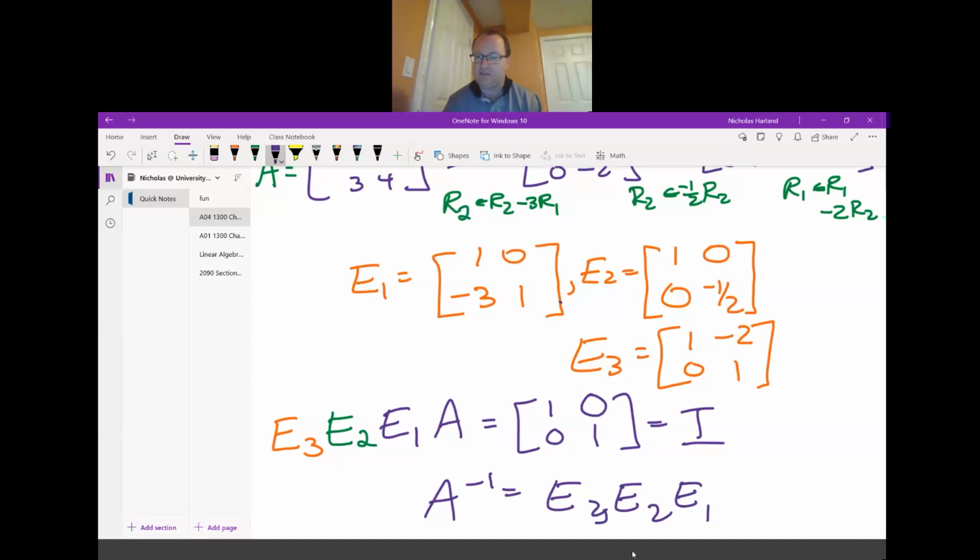So we found a way of finding the inverse as a composition of these elementary matrices. Now again, we probably don't want to find 3 matrices and multiply them together, but remember that these elementary matrices represent row operations, which means that we can find A inverse by using these row operations corresponding to these elementary matrices. And that's where we're going to pick it up on Tuesday.